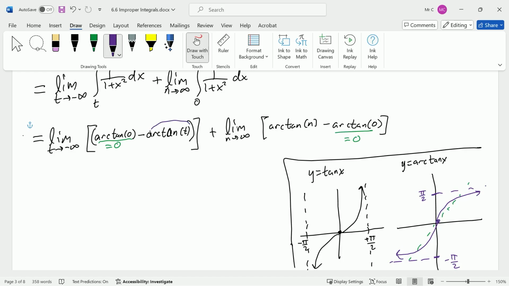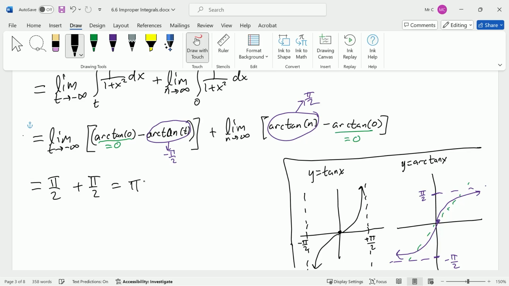So arctangent of t here is approaching negative pi over 2, but the whole thing is already negative, so a negative of a negative gives us positive pi over 2, plus. And then we look at arctangent of n as n goes to infinity. That goes to positive pi over 2. So this is pi over 2 plus pi over 2, which is pi. And so the integral converges.